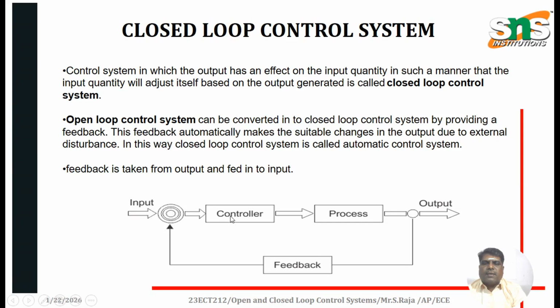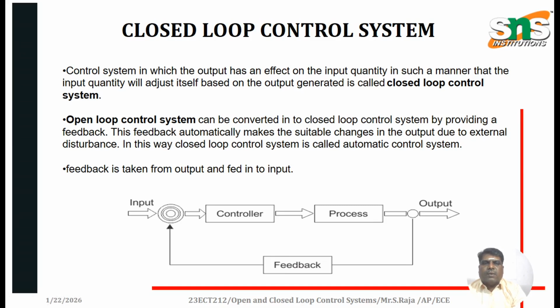If the input is given to the controller, the controller output is given to the processor, and the processor produces the output, meaning there is no control between input and output, then it is called an open loop control system. Now if you see this figure, some part of the output is fed back to the input, that is, some part is controlled by the output. Then this process is called a closed loop control system.